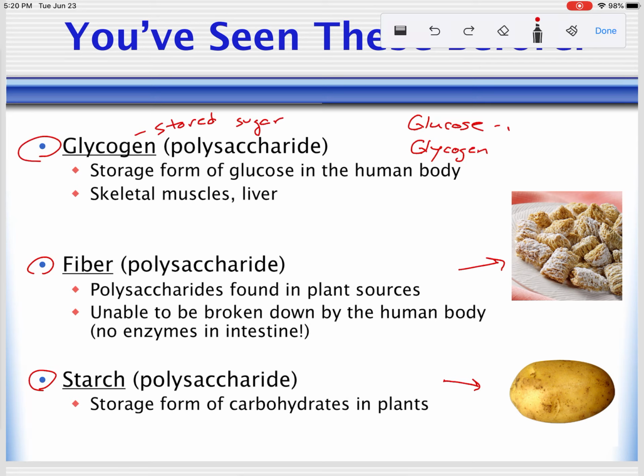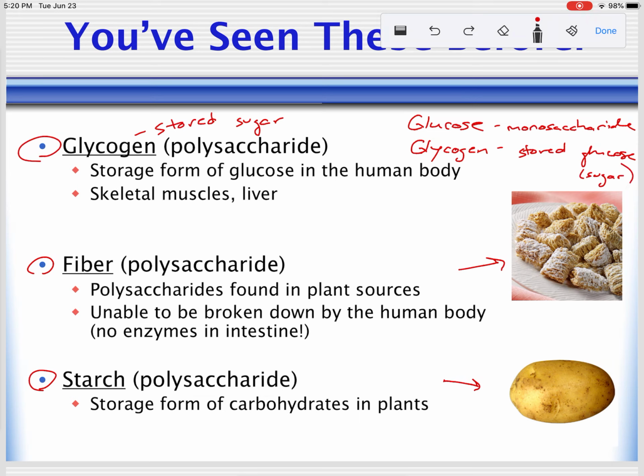Glucose is our monosaccharide, right? One sugar. And glucose is what's found in our blood. But now we're talking about glycogen, and I know they sound alike, so be careful. Glycogen is stored glucose, which is really the same thing as saying stored sugar.